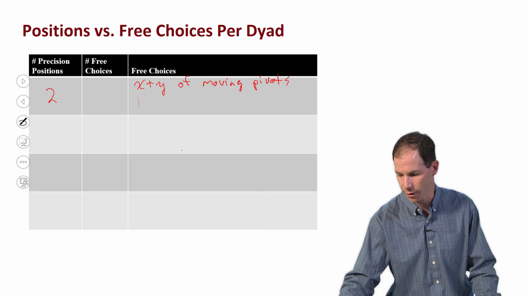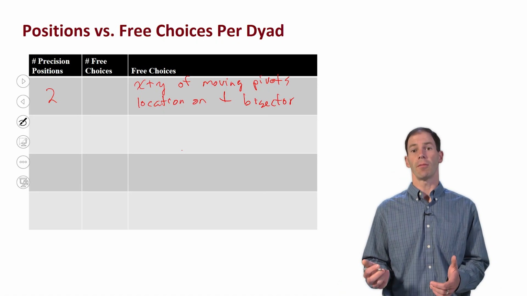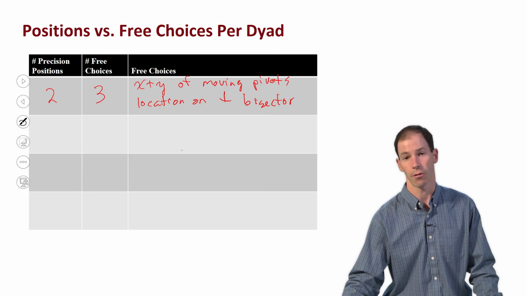So I also had the location on the perpendicular bisector. Then I had a total of 3 free choices for each side of the mechanism. So 2 positions, 3 free choices.